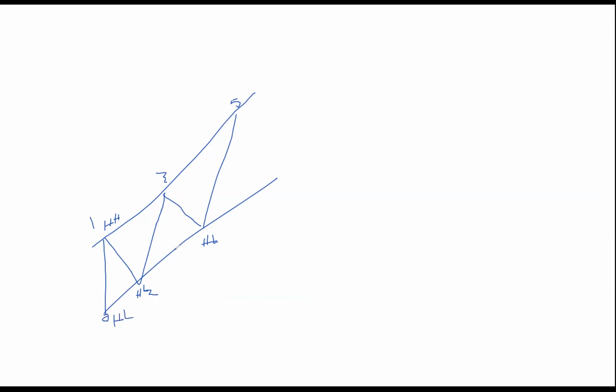Okay? And then if we have A, B, C, and then the market does not make an extended move to the downside to break the trend, then we now know that we have a possibility of a continuation. And I like to take that into consideration.